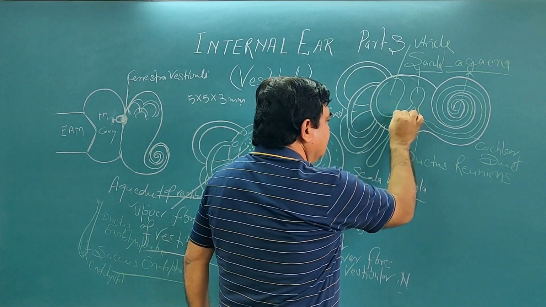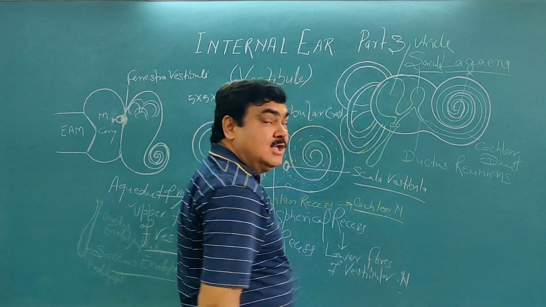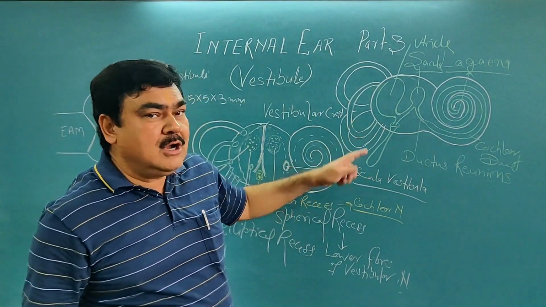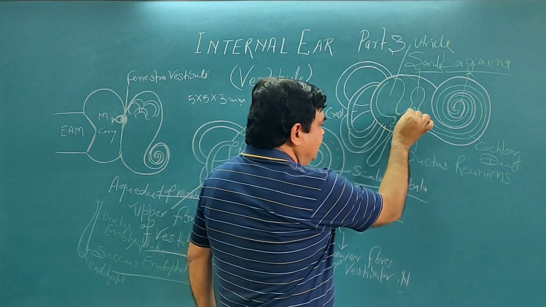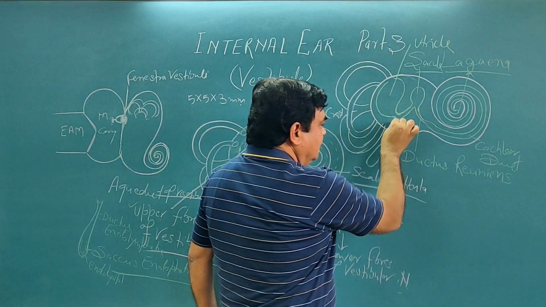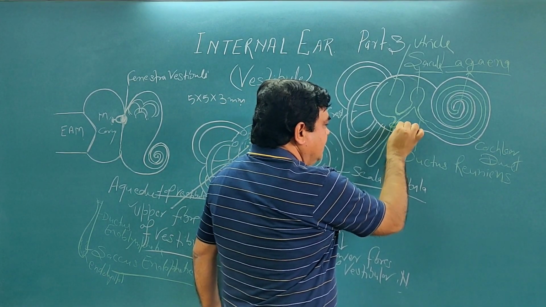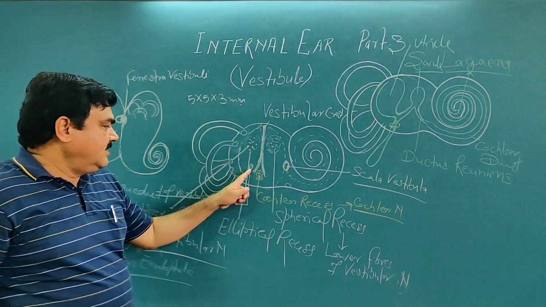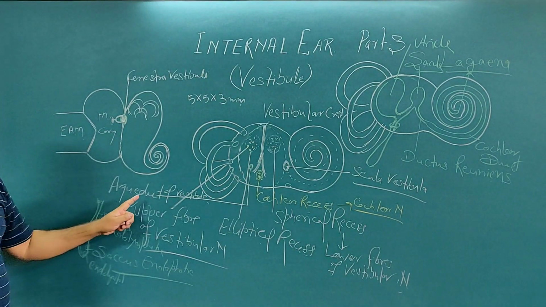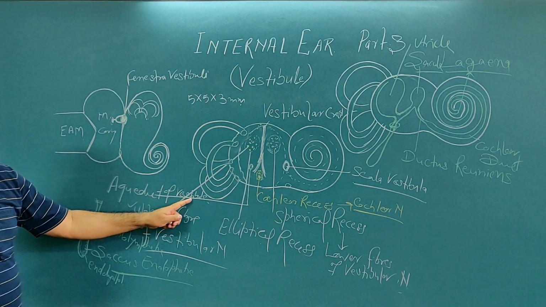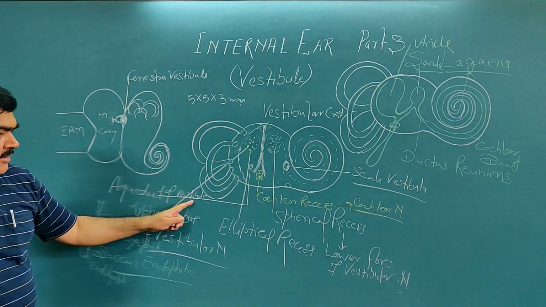This is known as the utriculosaccular duct, and this duct passes through this opening, that is the aqueduct of vestibule.